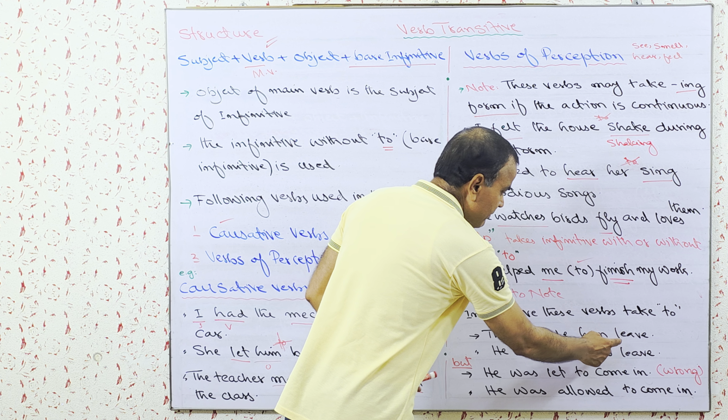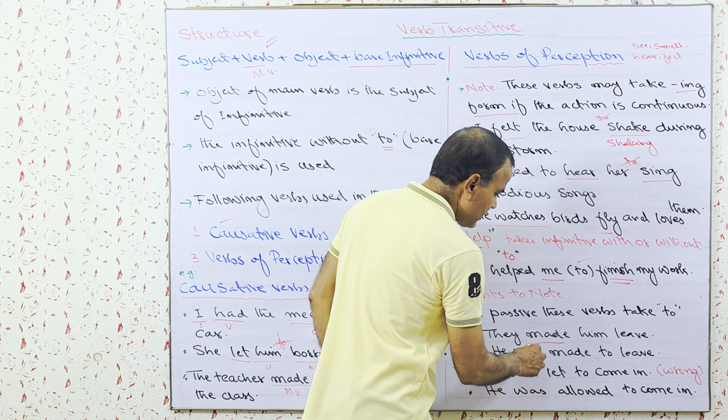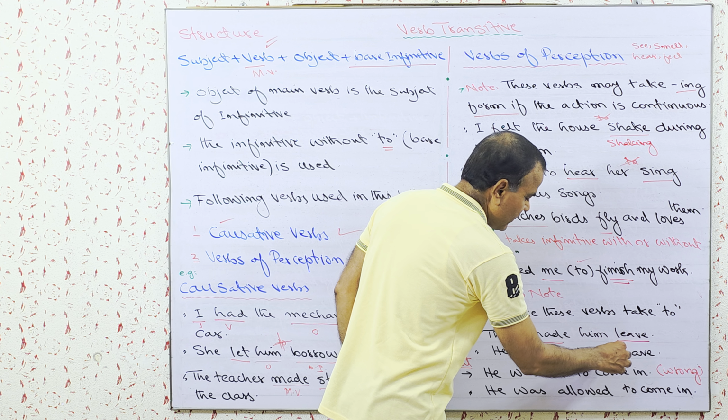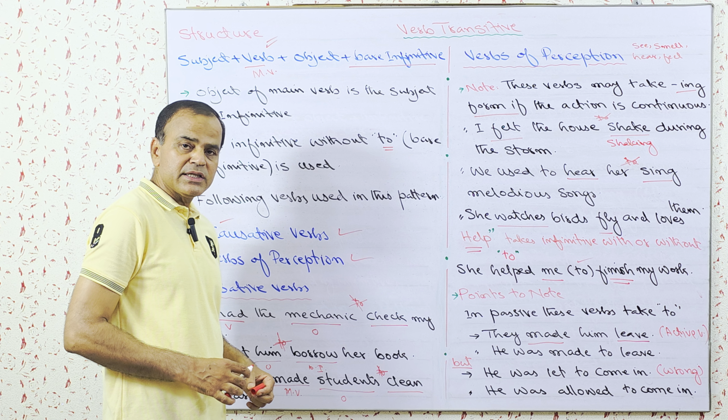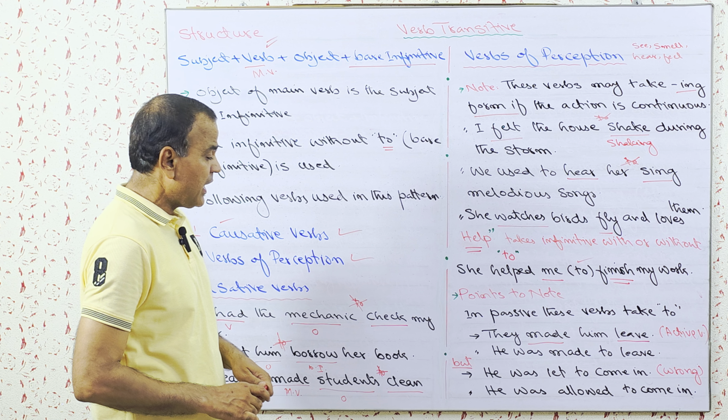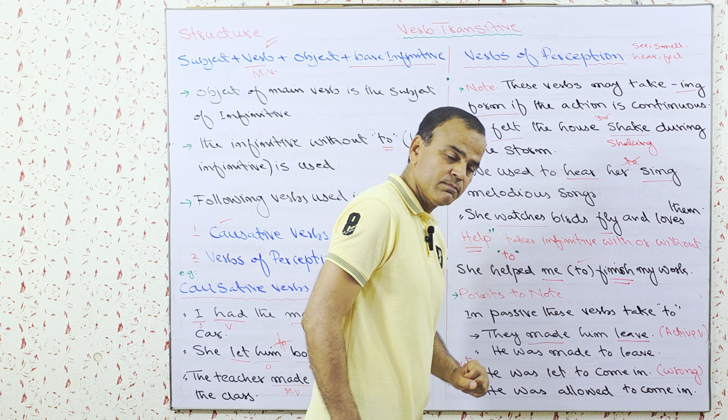They made him leave. Made, causative verb. That's why we are using bare infinitive here, and the sentence is in active voice. The moment I change this sentence into passive voice, I will have to use to before leave.